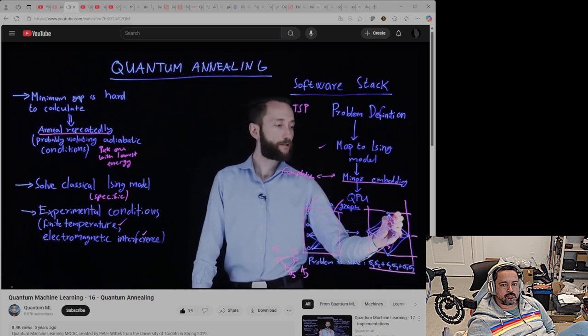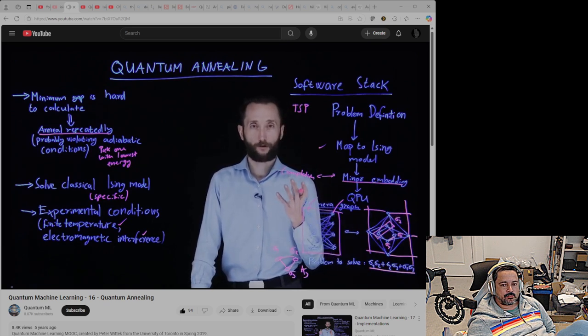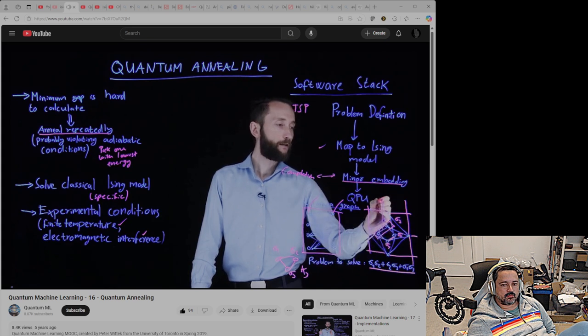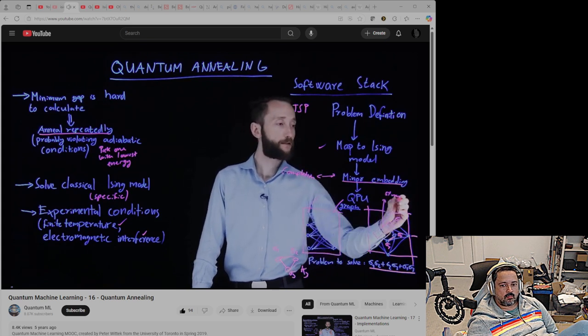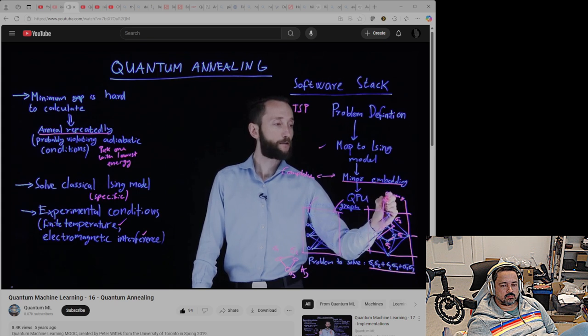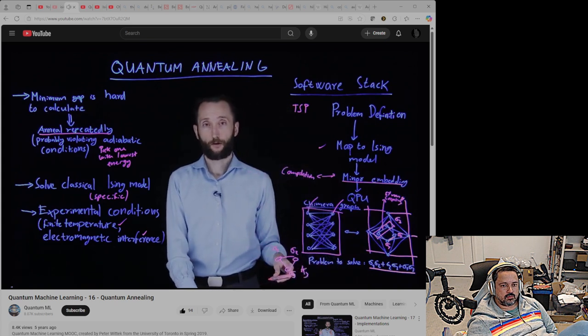So these two would act as one logical qubit, sigma 3, and you increase the coupling here to make sure that these two physical qubits always have the same value to represent the same logical qubit. So you introduce a strong coupling here as a way to mimic the connectivity structure that you are looking for.